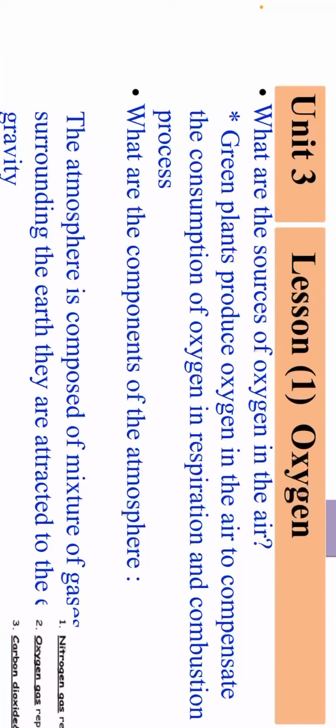So the amount of oxygen in the air is fixed and stable. Why? Because the oxygen used by humans during respiration and burning is compensated by green plants during photosynthesis.